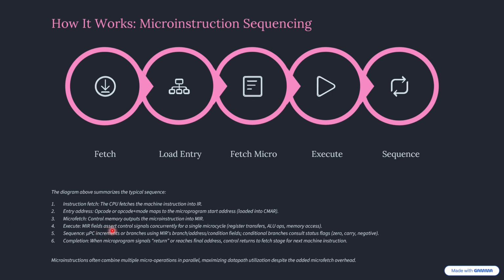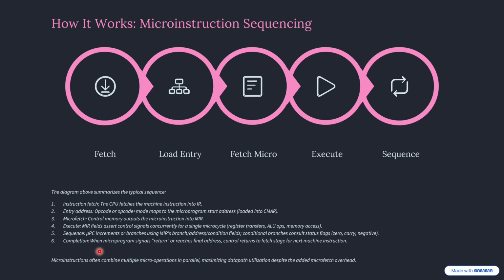Execute: MIR fields assert control signals for a single microcycle. Register transfers, ALU operations, memory access. Sequence: the microprogram counter increments or branches using the MIR branch address and condition fields. Conditional branches consult status flags: zero, carry, negative.